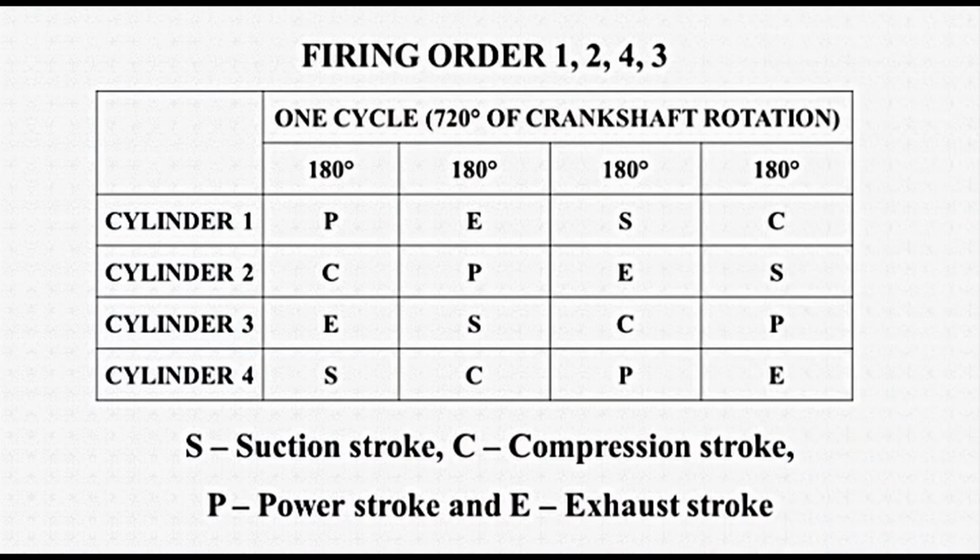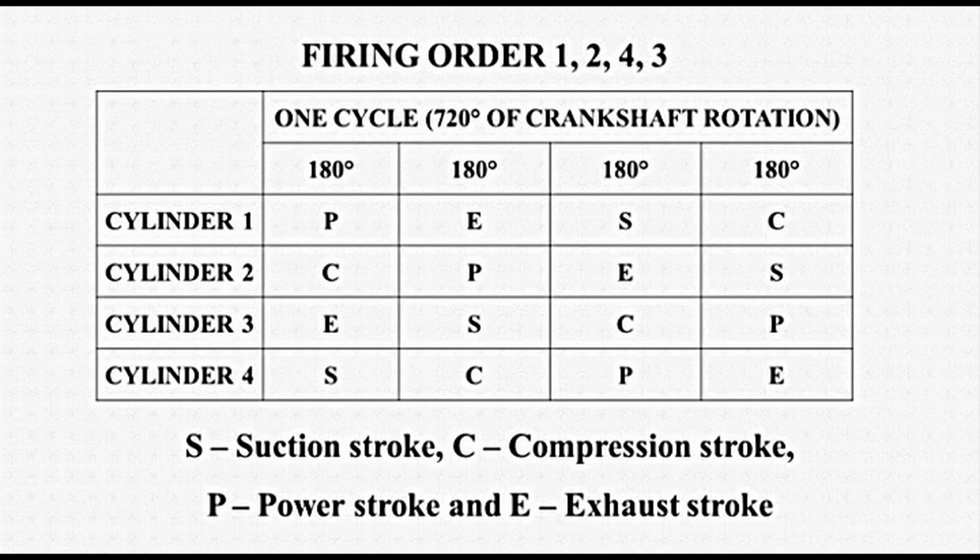In the second table, these processes are repeated for firing order 1, 2, 4, 3. Looking at the table, it may be noticed that in this case, in cylinder 4, the power stroke occurs in the third 180 degrees of crankshaft rotation and then in cylinder 3.